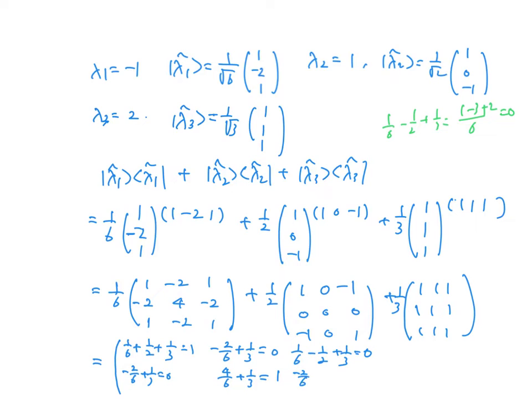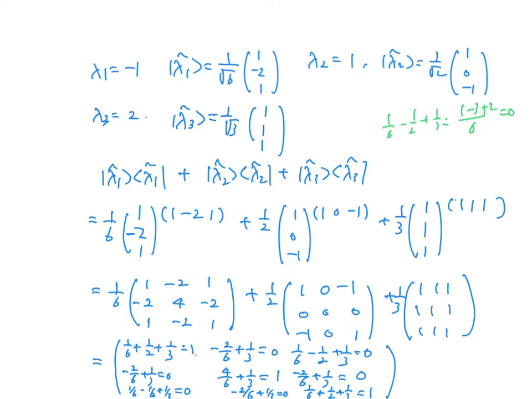Minus 2 over 6 plus 1 over 3 is 0. In the third row, 1 over 6 minus 1 over 2 plus 1 over 3 is 0, minus 2 over 6 plus 1 over 3 is 0, and 1 over 6 plus 1 over 2 plus 1 over 3 is 1.